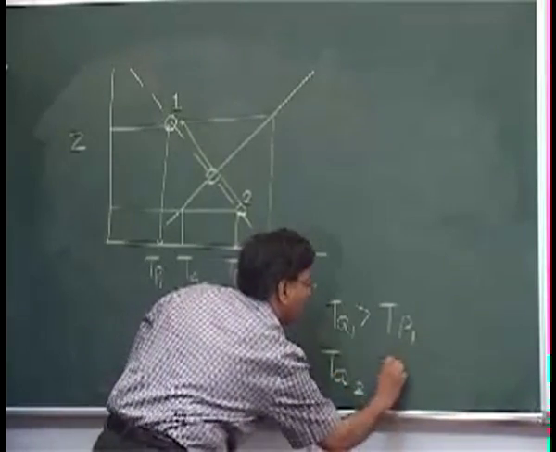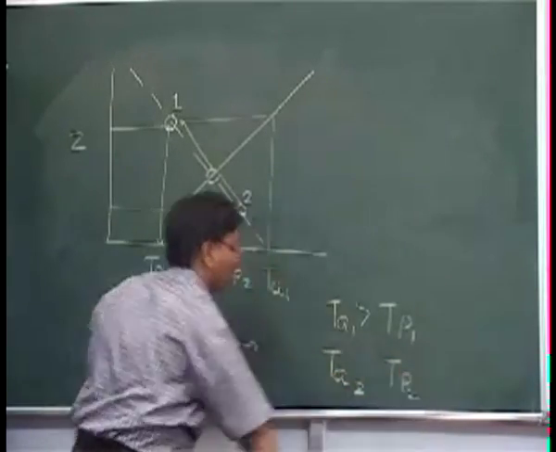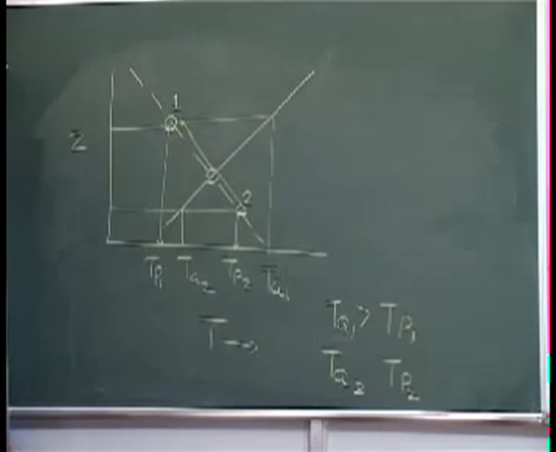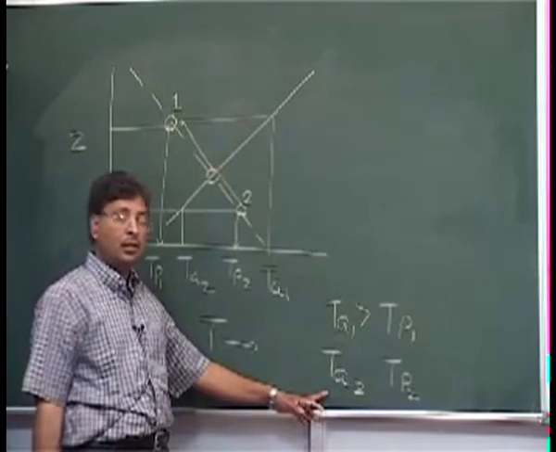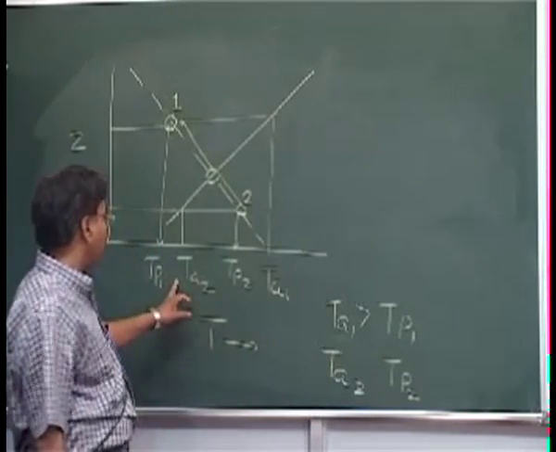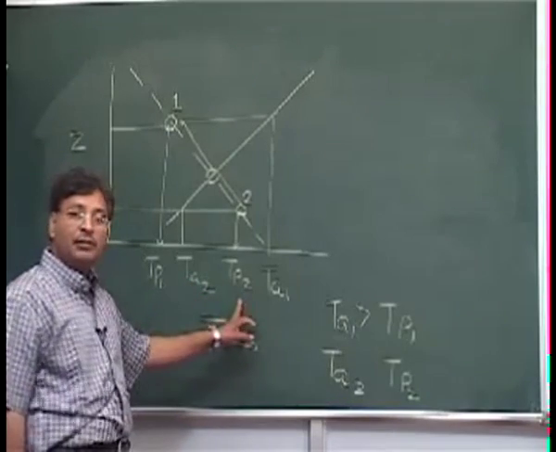What is the relation? Are we getting same or different? We are getting the same relation, that Ta2 still continues to be higher than the temperature of the pollutant.